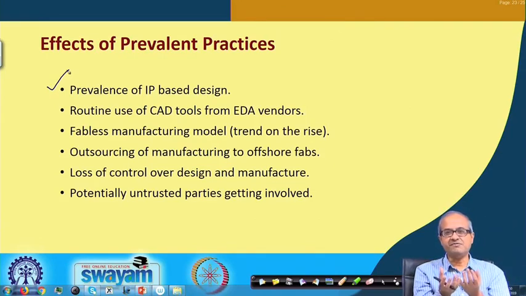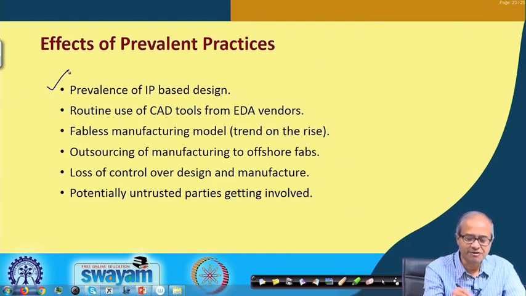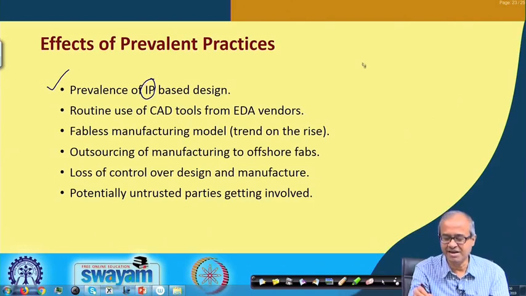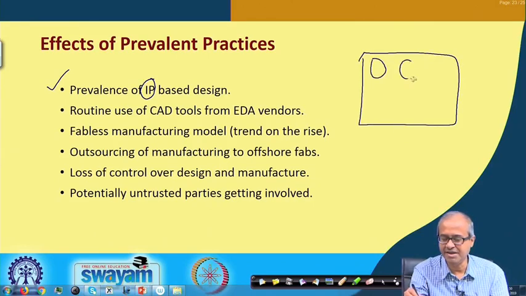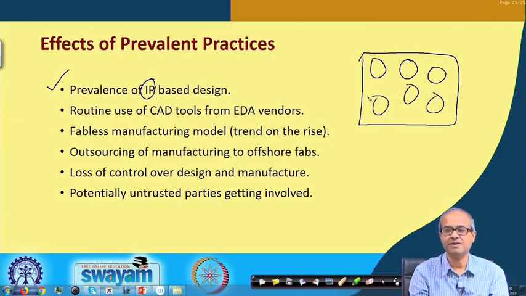See, IP stands for intellectual property, not the IP protocol, the network protocol. In this context for hardware, here IP stands for intellectual property core. When you design an IC chip, the chip can contain many building blocks. These are called IP cores.